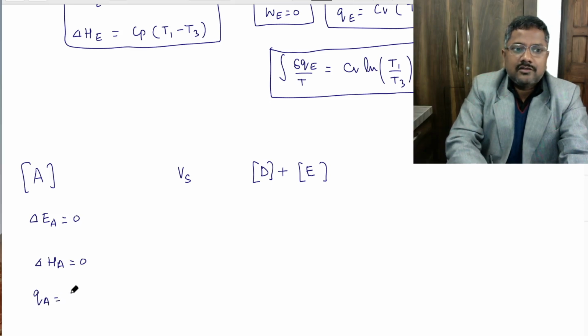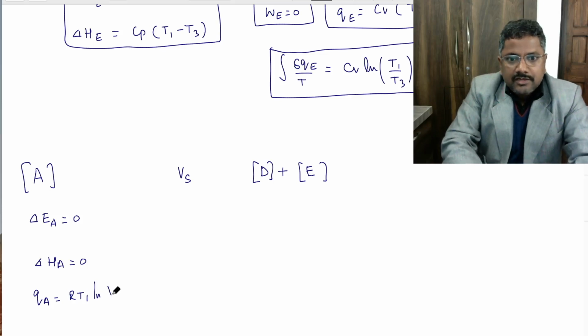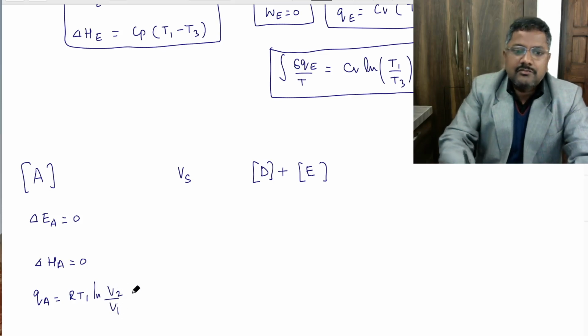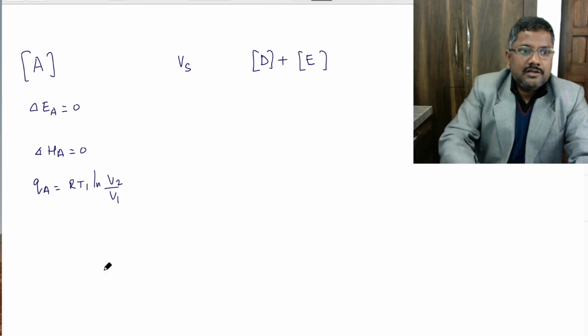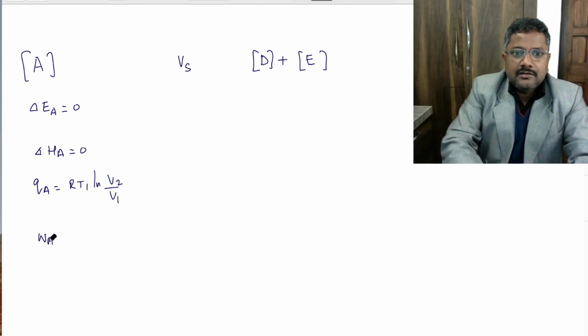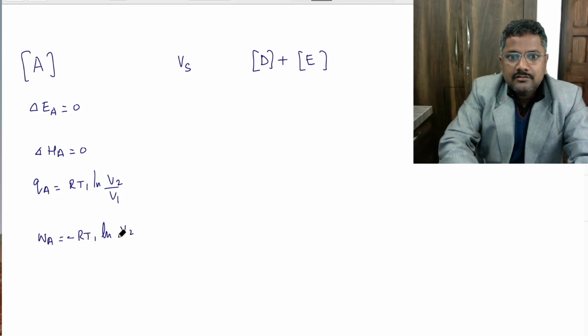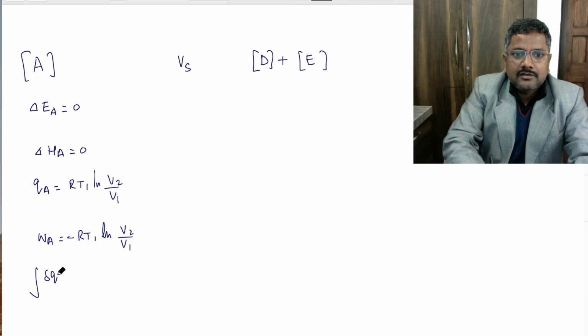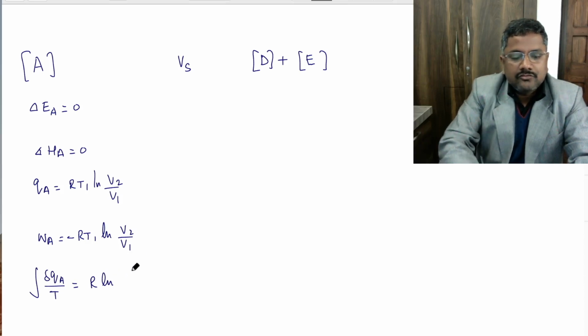QA is equal to RT1 ln V2 by V1. WA is equal to minus RT1 ln V2 by V1, and delta QA by T is equal to R ln V2 by V1.